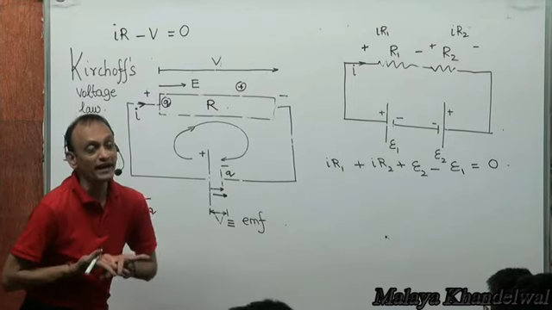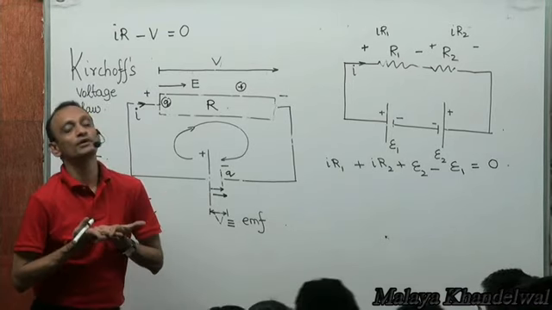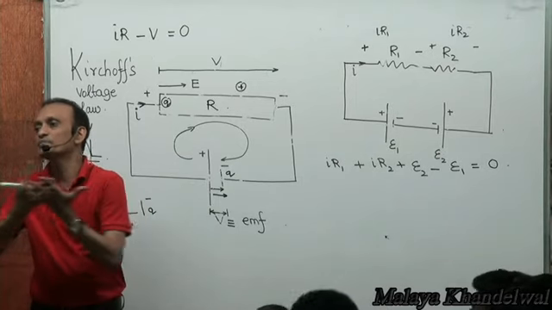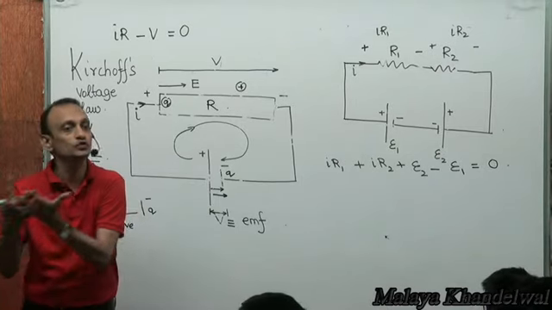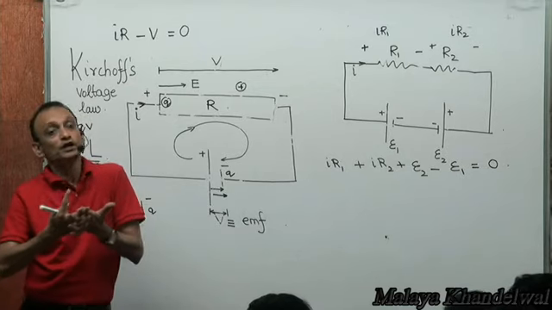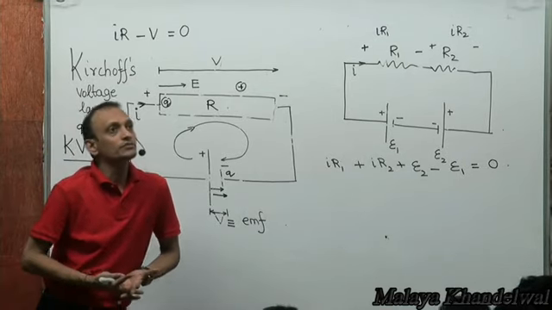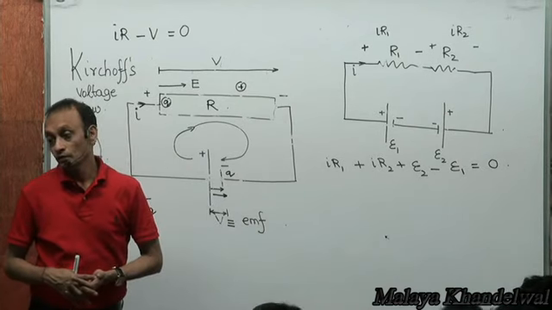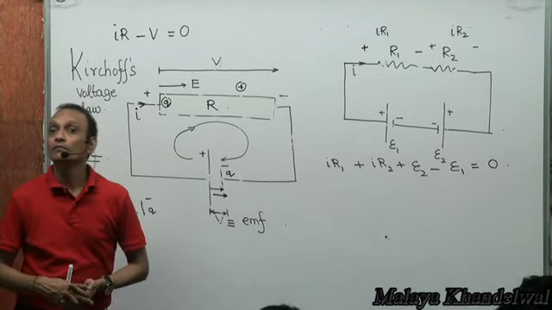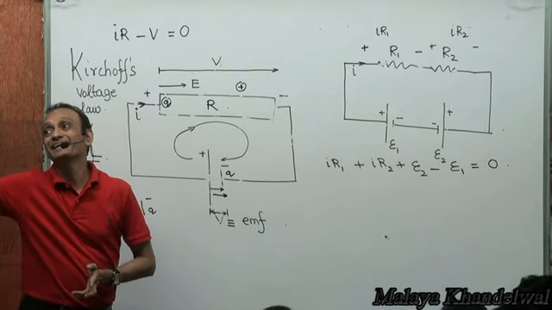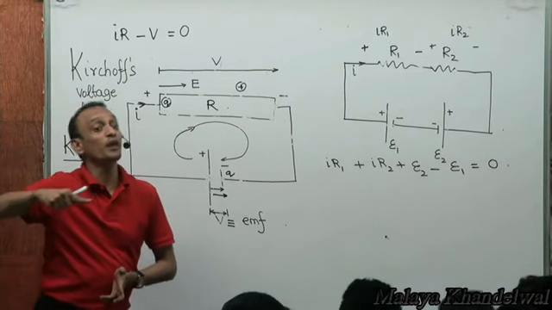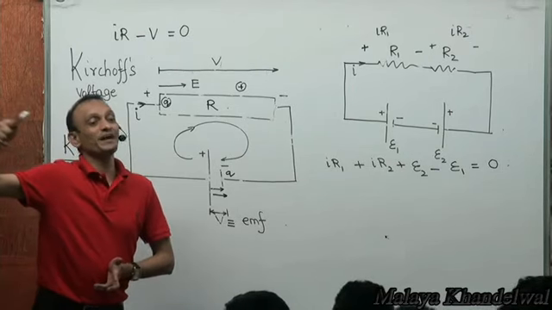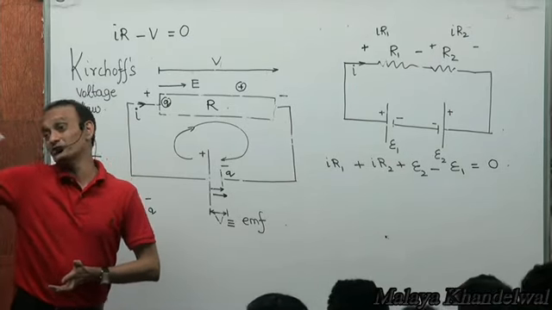It's based on the fact that the algebraic sum of potential drops in a closed loop must be 0. It's part of the fact that the work done by an electric field in a closed path must be zero.